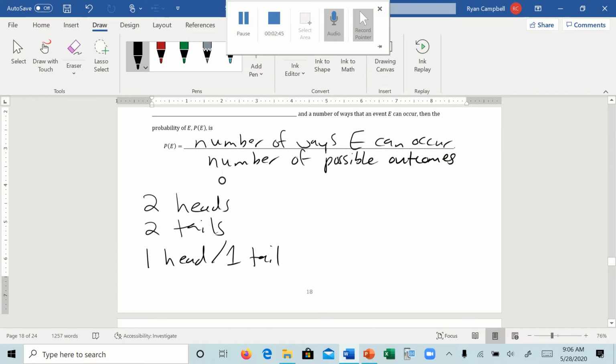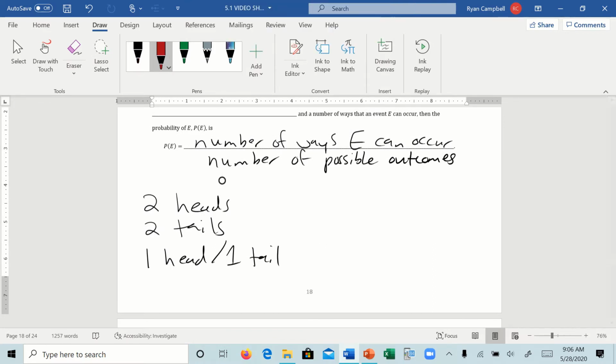So if we talked about what's the probability of getting two heads, you may be thinking it would be 1 out of 3, right? There's 3 outcomes. You may also think, oh, well, it's 2 heads out of 2 tries. But in actuality, when you look at it, right, you have to look at all of the outcomes. So the 2 heads, we said, was heads, heads.